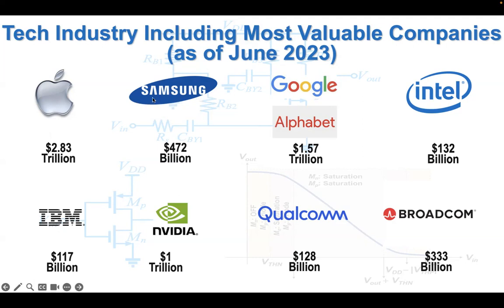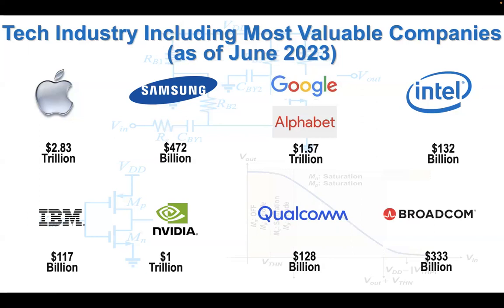Samsung, another famous high-tech company, has $472 billion of market cap. Alphabet and Google, traditionally known as a search engine company, but they also have a strong group doing various types of activities revolving around IC design, with a market cap of $1.57 trillion.